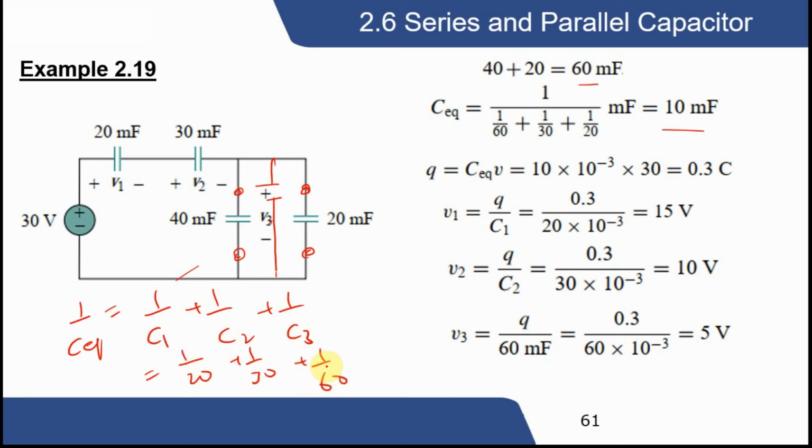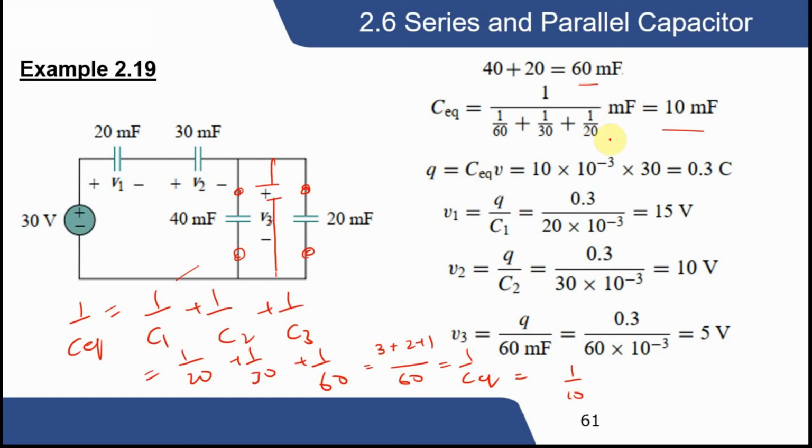The LCM is 60. So this becomes 3, this becomes 2, this becomes 1. So 1 over CEQ equals 1 over 10, and we can say that CEQ equals 10 millifarad.